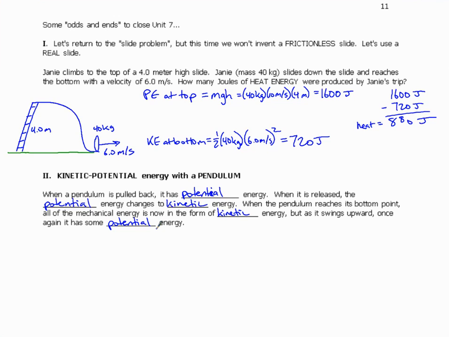So your notes should already have this drawn. So the dotted line with the empty circle is the at-rest position, the equilibrium position. It's at the bottom. As we pull the pendulum back, it is increasing potential energy, and then we let it go.